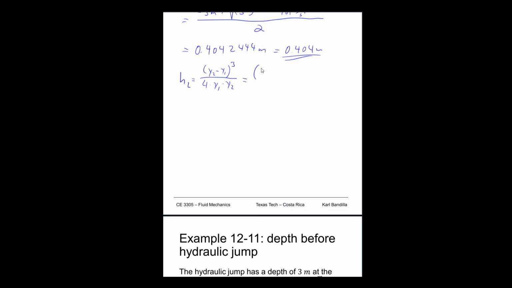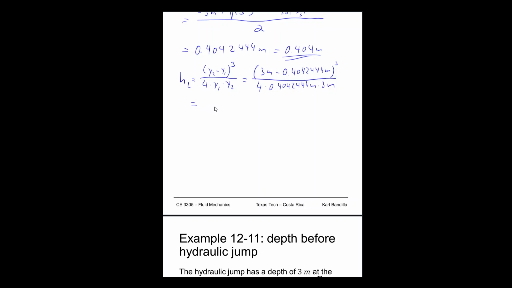For us, that means 3 meters minus 0.404244 meters, third power, divided by 4 times 0.404244 meters times 3 meters.